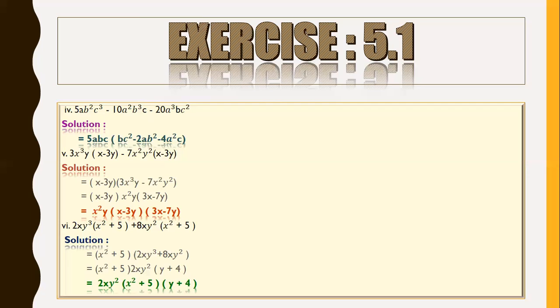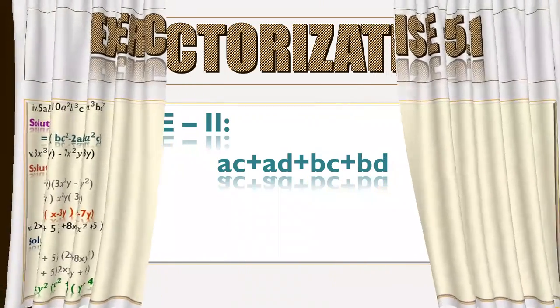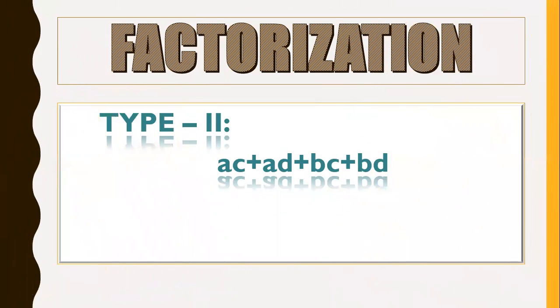This question was very easy because we have already done it in the previous class, and we only take one term common and complete the factorization in one step. Now come to question 2. Recall your previous knowledge: this is the type of question we did in 6.3, where four terms are given and we make partners of two terms, then take common.